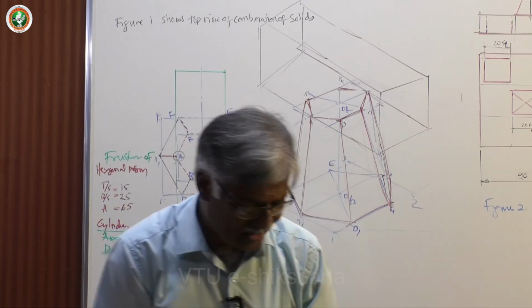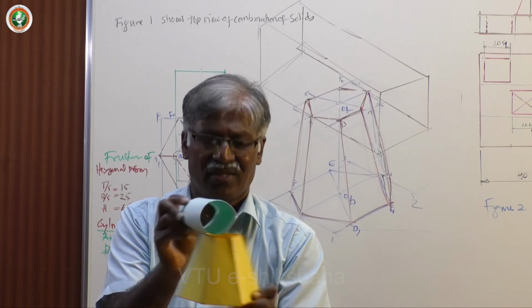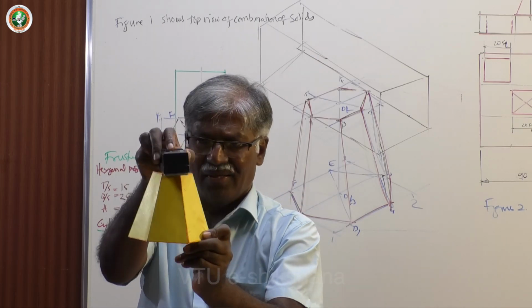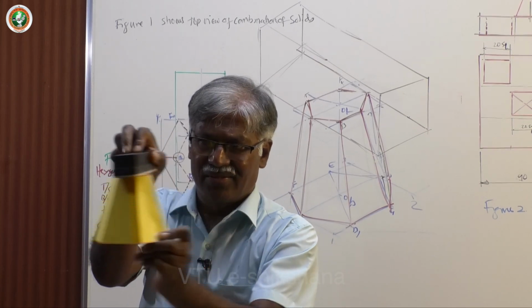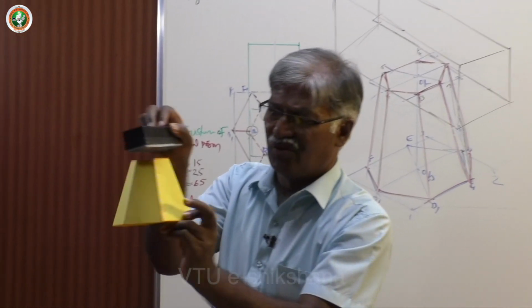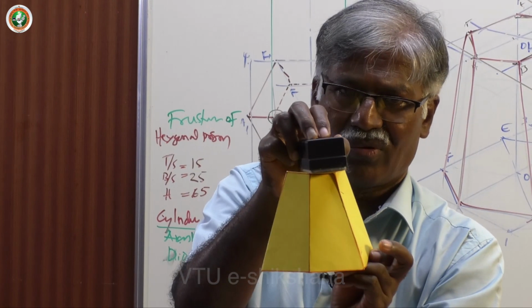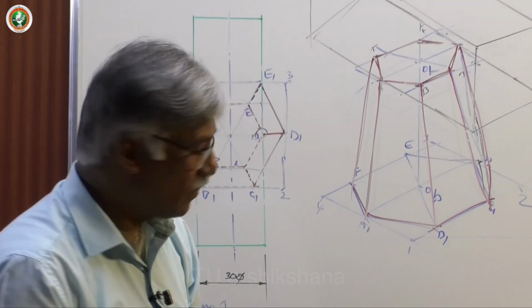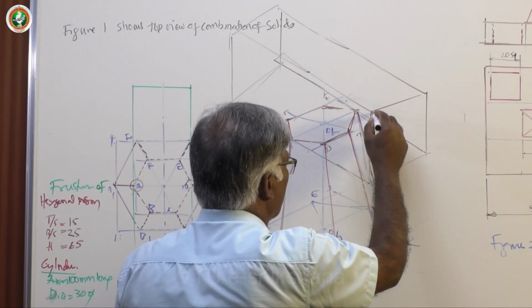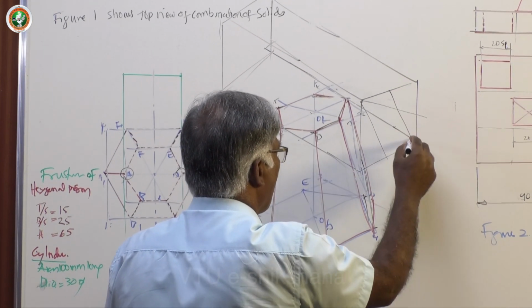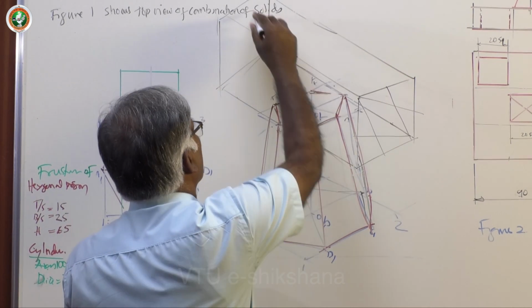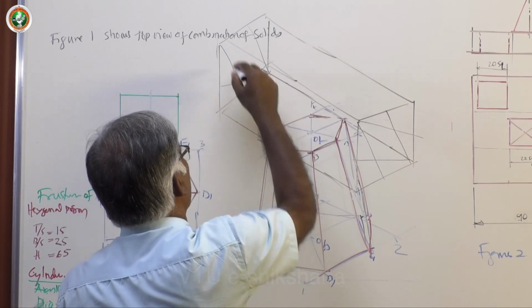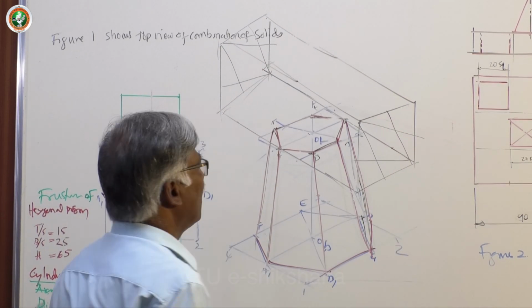Instead of having the cylinder first, I am going to keep the square prism like this. The center should coincide with the center of the block, the frustum. Now I have to use the 4 centers method. Manually you have to do both. In the computer it's easy, I will show you how to do it.